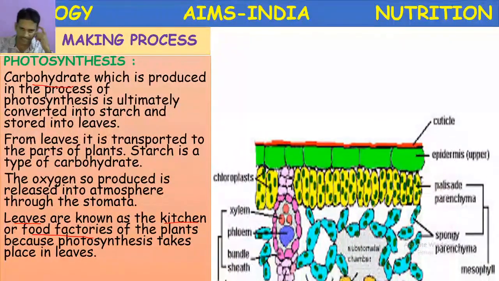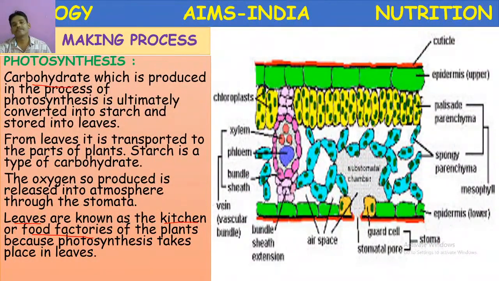So let us see briefly the structure of the leaf, and how it is related to photosynthesis. The leaf cross section, or transverse section, shows two surfaces, upper and lower epidermis. Upper epidermis is covered by cuticle, this red colored portion, and beneath the cuticle, the epidermis is divided into upper and lower.